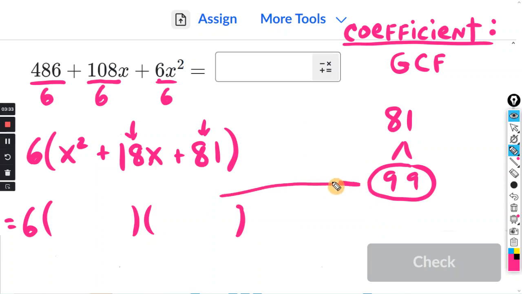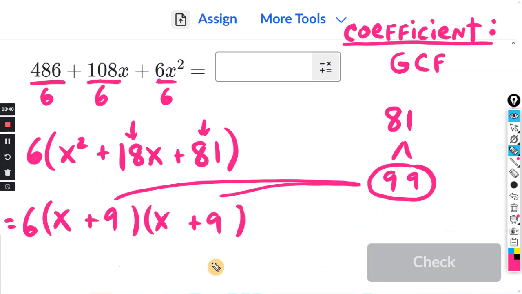All right, so the 9s are going to be used in the parentheses. They're both positive. So in order to get x squared, you have to start with x times x, and they're both positive 9s. So that's it right there. All right, I believe they let you write it twice, but the more professional way is to do x plus 9 quantity squared.